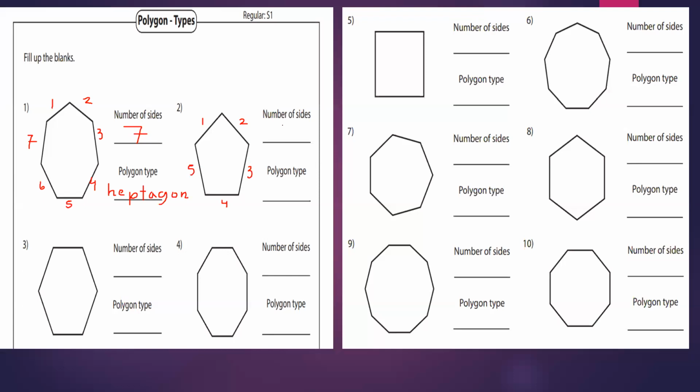So that's 5 sides. What is the name of this polygon that has 5 sides? Demarion, do you know?